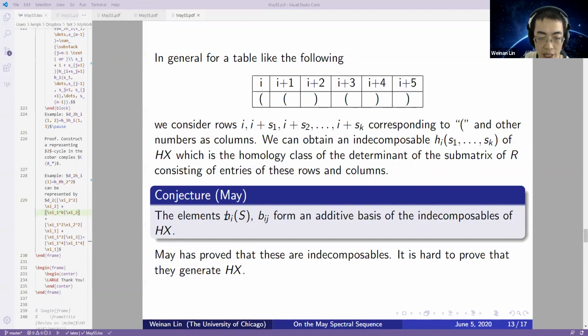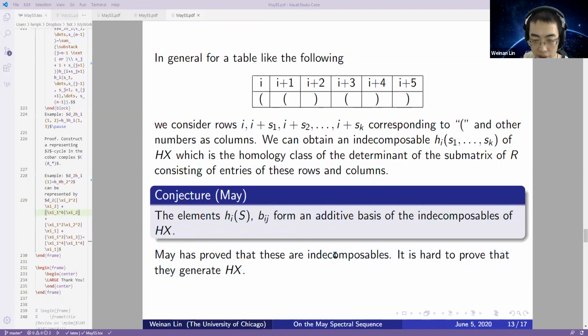So these elements H_i(S) and b_ij form an additive basis of the indecomposables of the E2 page of May. May conjectured that they are all the indecomposables. He has actually proved that these are indecomposables; you have to prove this first.